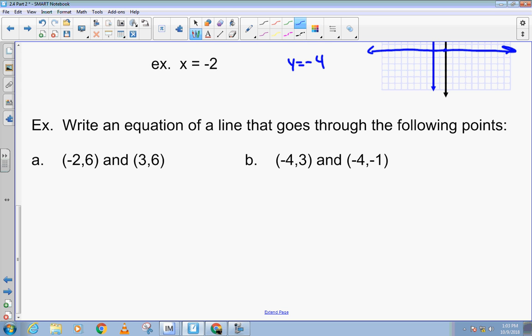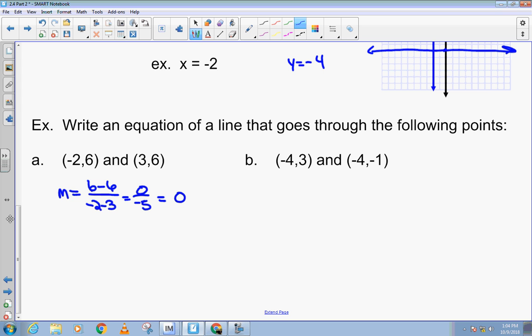Write the equation of a line that goes through the following points. What do I need to get from this? The slope. So if I did 6 minus 6 over negative 2 minus 3, that's 0 over negative 5. What is 0 divided by negative 5? 0. And what kind of line has a slope of 0?